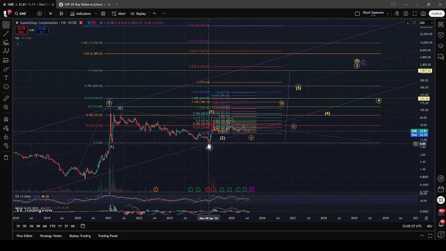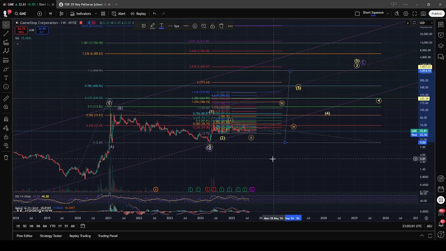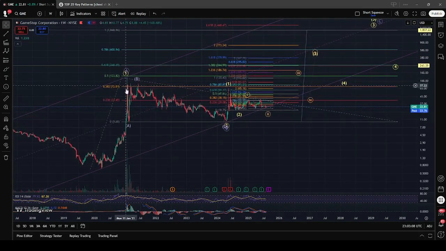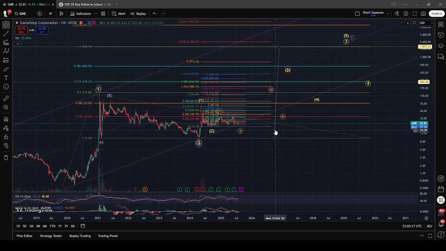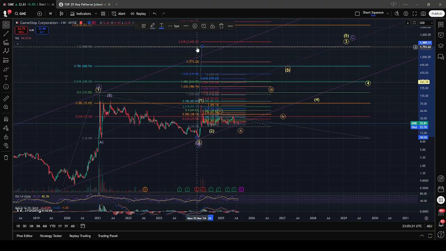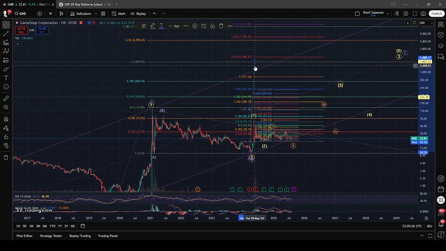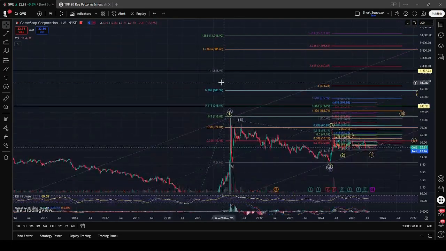If this ends up being here, because B broke out right at this level, we would be bringing over a line from the top of A to the beginning of A, just moving it along right here, where B ends and where you would anticipate C to end. Now, without getting too bullish, just look at the price level.